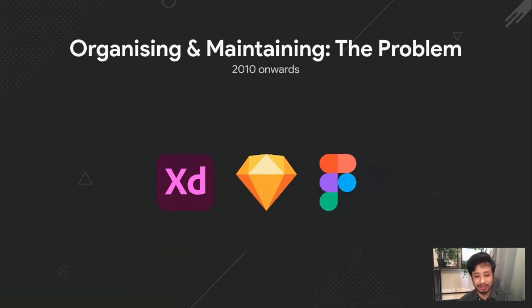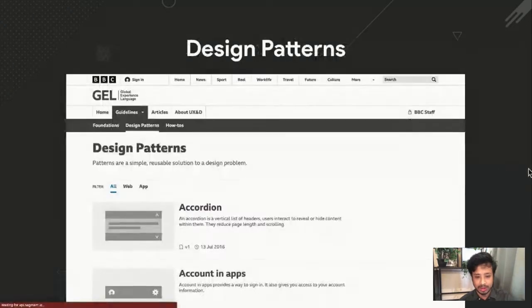It's hard for everyone to follow the same design. We spend so much time establishing standards and then quality checking everybody's work so that everybody is on the same page. That's when design patterns came in. A design pattern is where you take certain elements from the page, and if they're reusable, you make them a pattern and keep it.